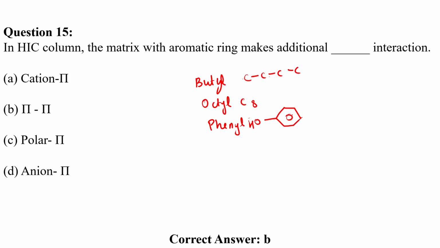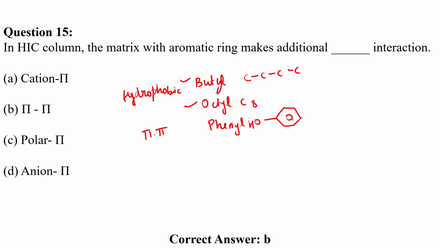So this benzene ring will have alternate double and single bonds, right? In case of butyl and octyl, the interaction is only hydrophobic. For phenyl, we will have hydrophobic interaction, but along with that, we will have pi pi interaction.